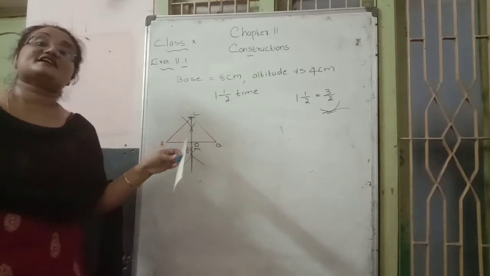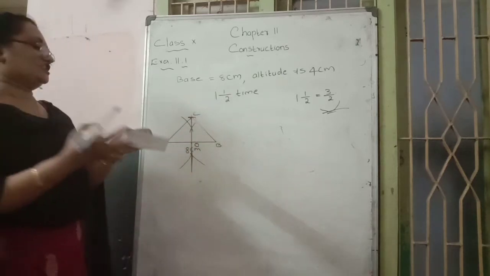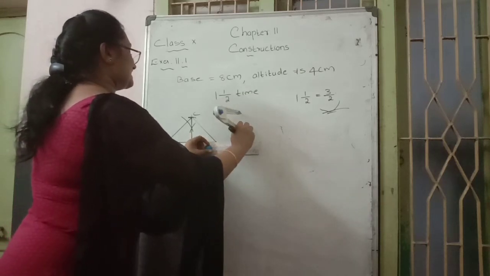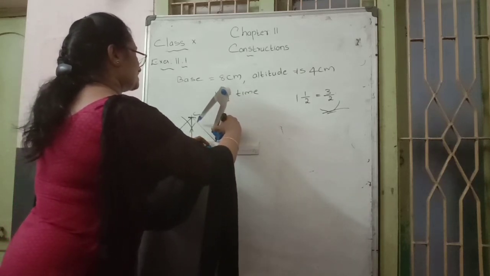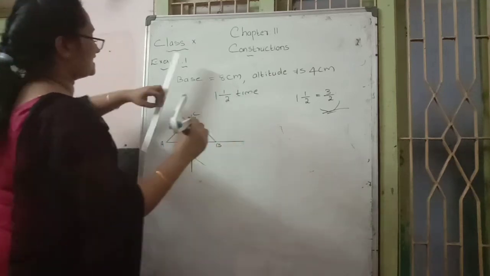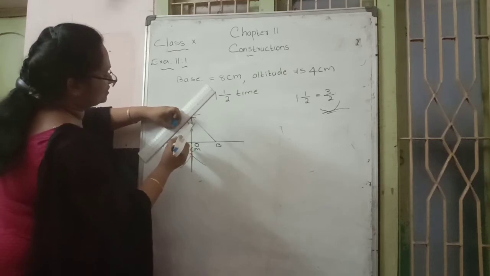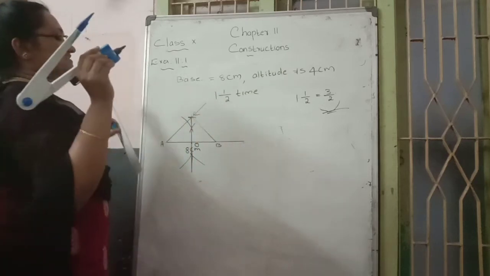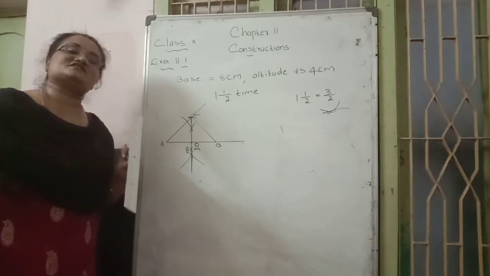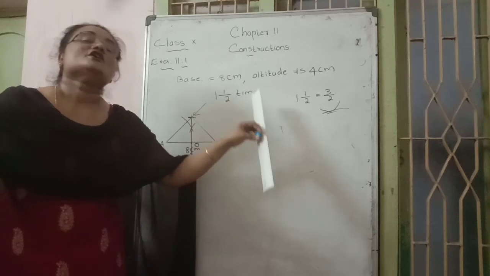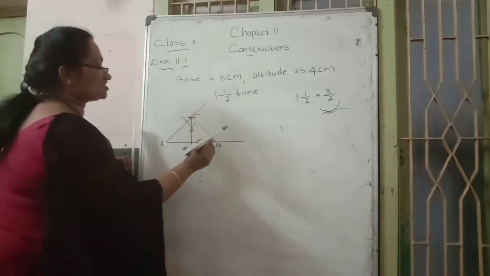Outside the original triangle. That's why the AB side and AC side are extended to the outside. Why? Because the similar triangle comes outside the original triangle. That is the reason. So both sides are extended. Then afterwards, what do we want to do? Draw an acute angle. Which is our acute angle?